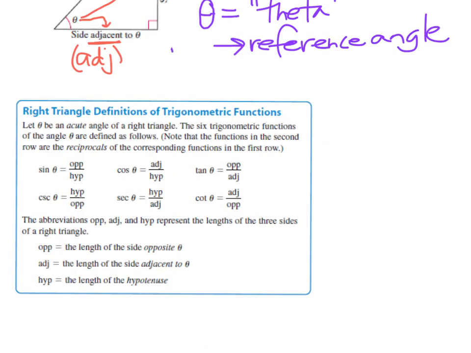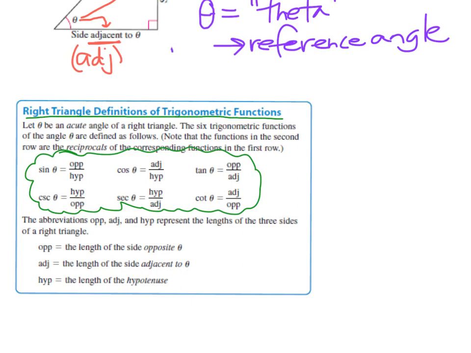If you're writing these notes on notebook paper versus having a packet, you don't have to write out this entire table. What I'd like you to for sure have on your paper is the right triangle definitions of trig functions, these six definitions. You really wouldn't need anything else from that table.